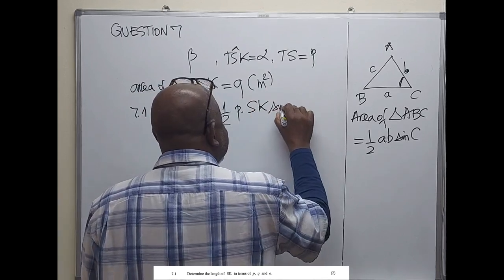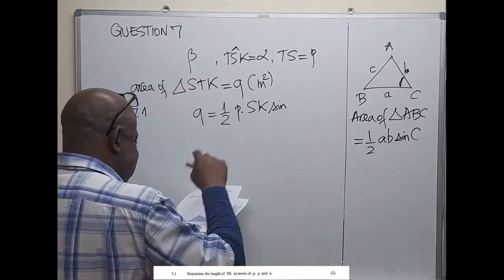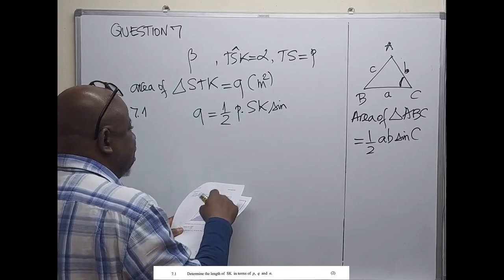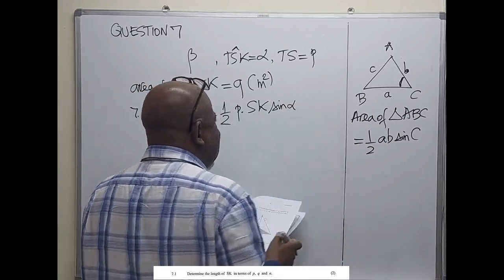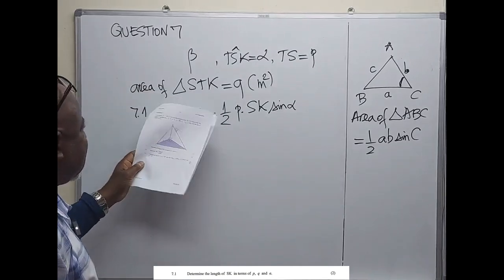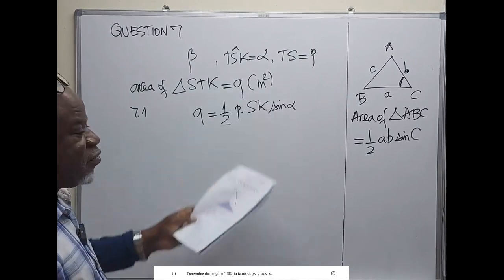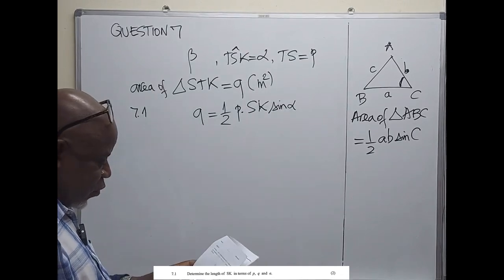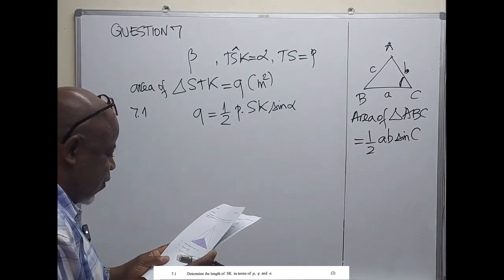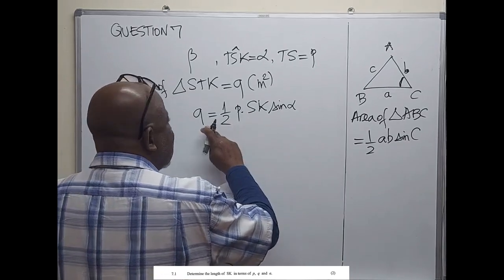And then we're going to multiply by the sine of the angle between these two sides, TS and SK, that is angle alpha. So I've directly replaced the area of the triangle STK by Q square meters, because this was given. So the question is determine the length of SK in terms of P, Q, and alpha.